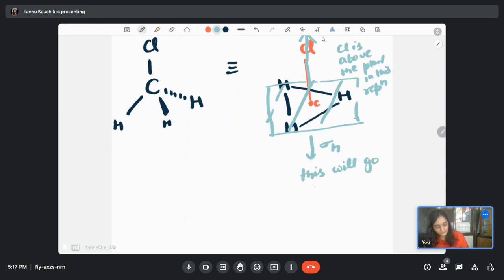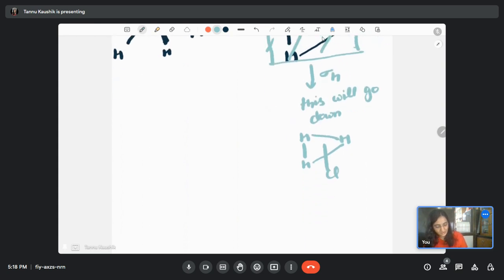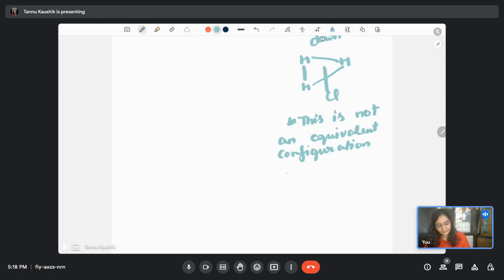This will go down and give a configuration like this, which is not an equivalent configuration for our initial molecule. Therefore, we don't have a sigma H plane here.